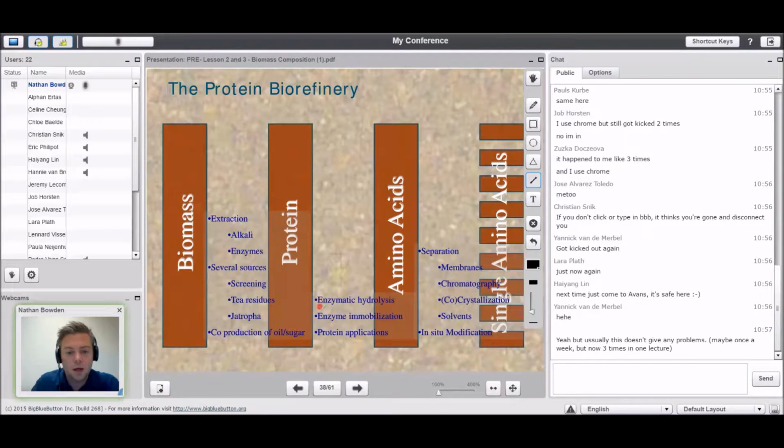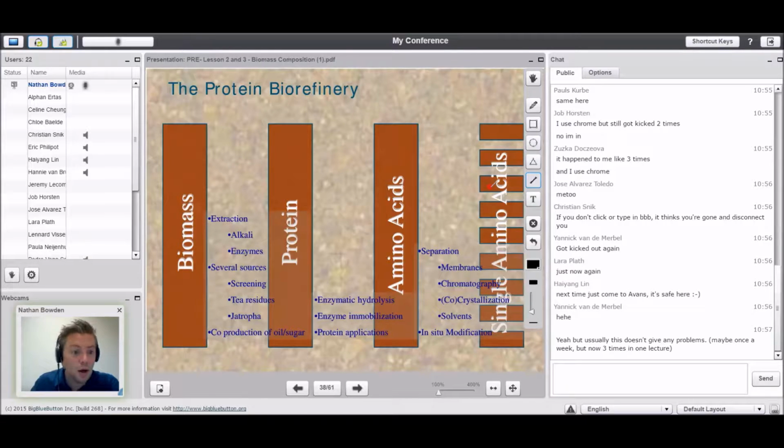You can also use enzymes or chemicals to hydrolyze the proteins to amino acids if you don't stop with just normal proteins. A combination of amino acids is worth something. However, you can separate them using membranes, chromatography, crystallization, and solvents to make individual amino acids.